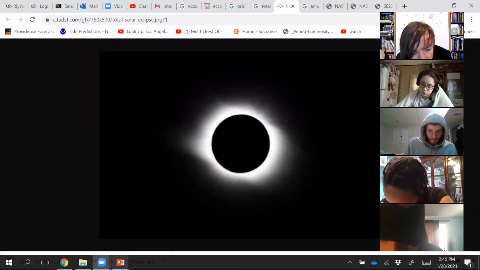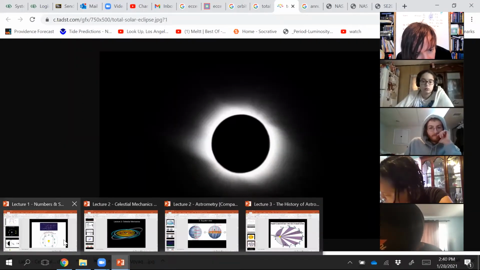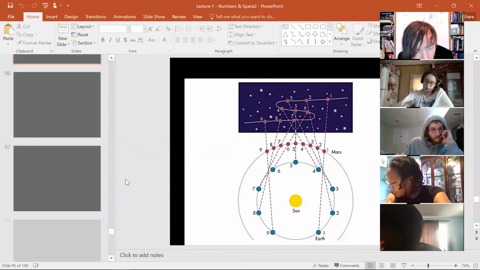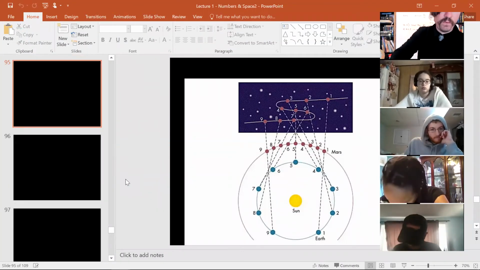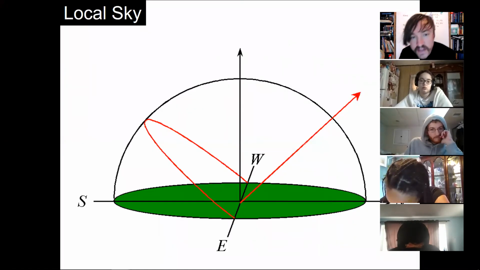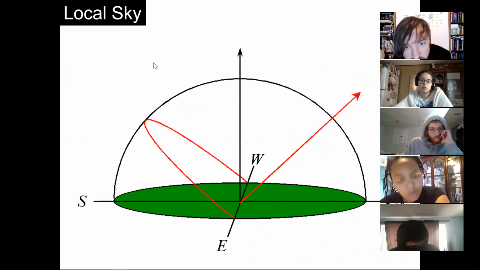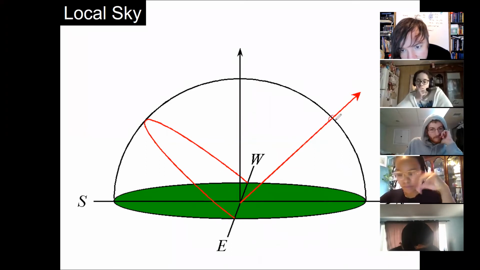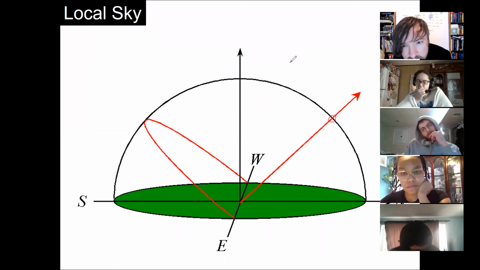In today's slideshow, the local sky, slide 49, basically they're asking for us to describe the altitude and the azimuth of that point right there.